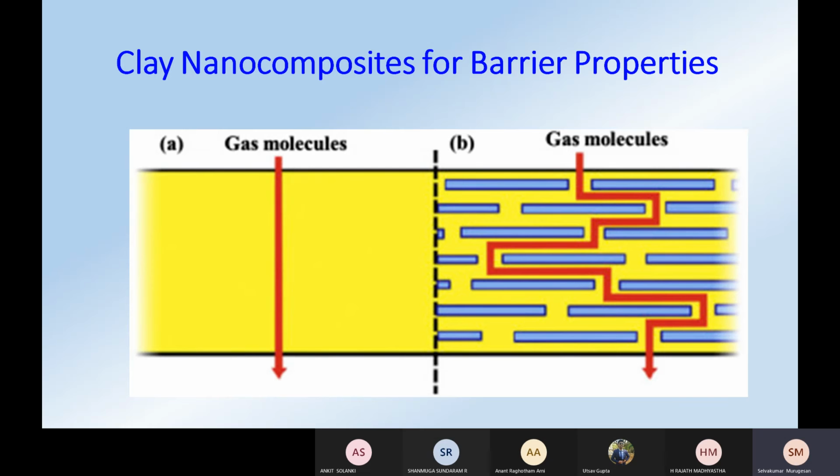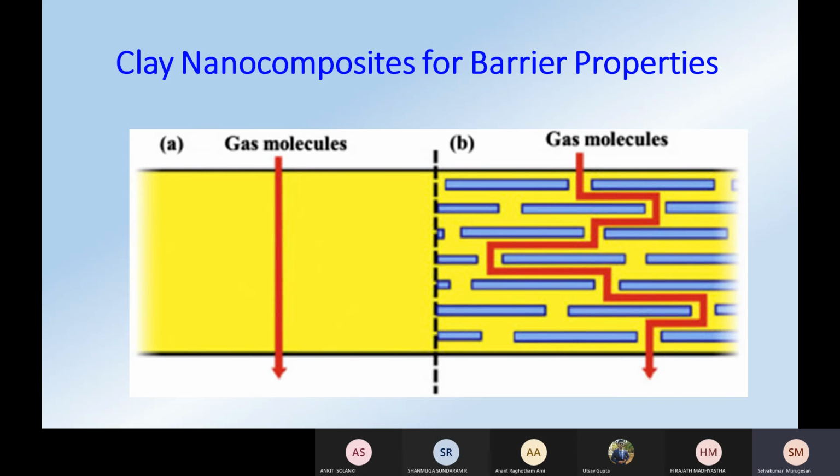Barrier properties, maybe you can take the example of a tire. A tire has high pressure and it runs for quite a long time. If you have a pure matrix which has no nanoclay, and the gas wants to come out or penetrate, it can penetrate very easily because there is a high amount of randomness.